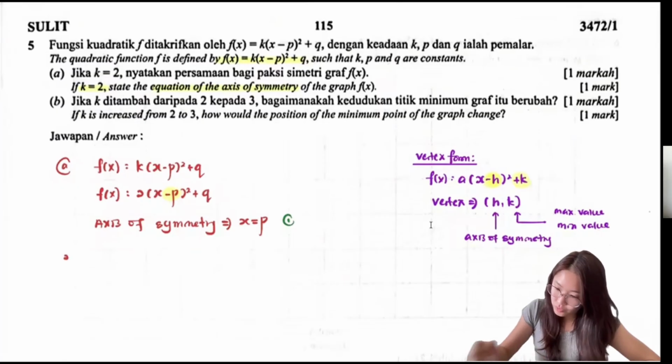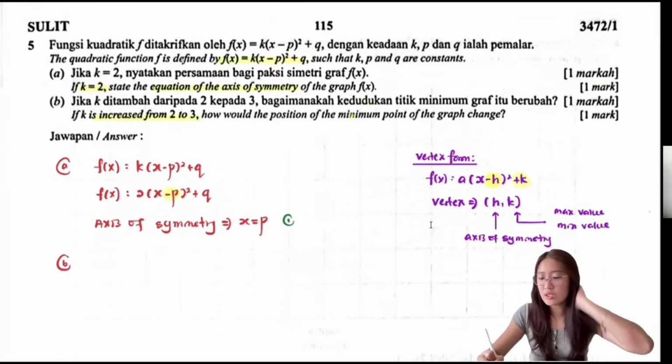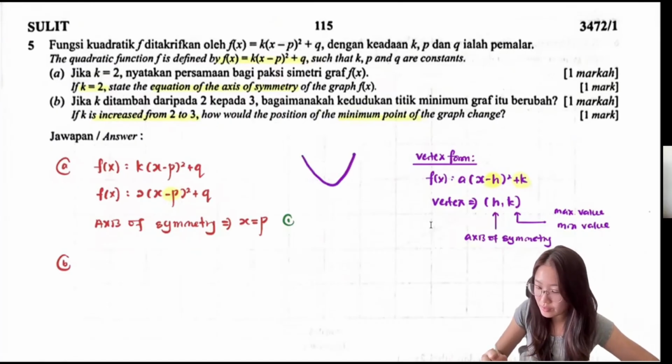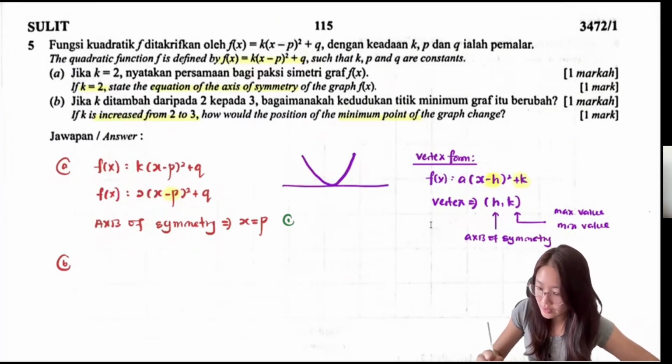Okay, then number 2, part B. If k is increased from 2 to 3, how will the position of the minimum point of the graph change? Okay, guys, this one is a smiley face. Your value of a over here, you learn in maths also. Let's say I give you an example.